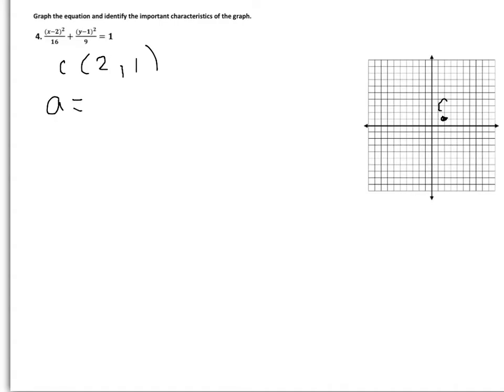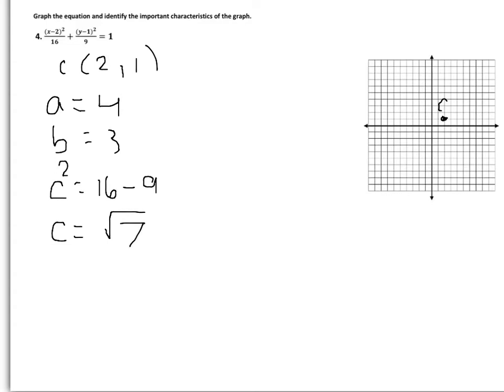And I know A equals whatever's the largest. Okay? So A equals 4, B equals 3. So we need C now to get the foci. And remember, C squared equals 16 minus 9. So C would equal the square root of 7.